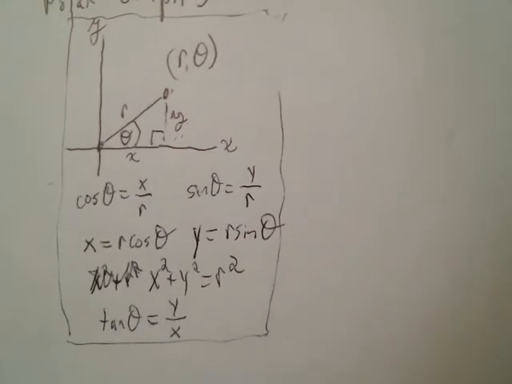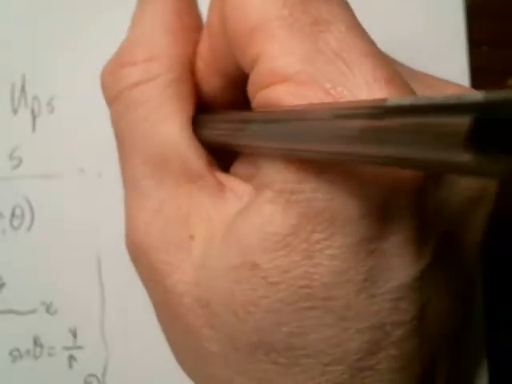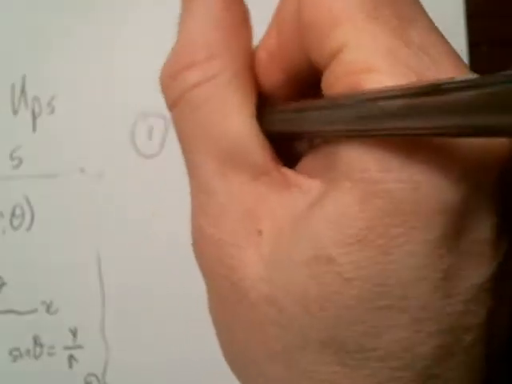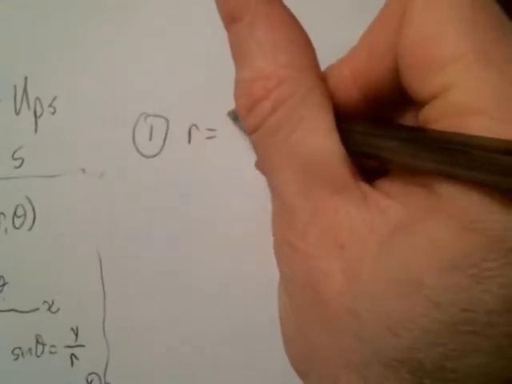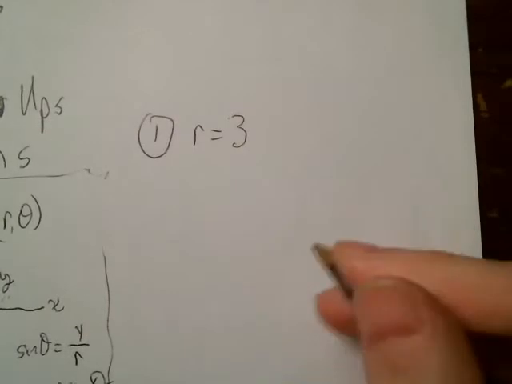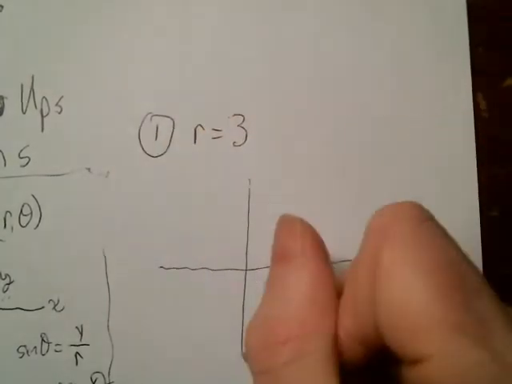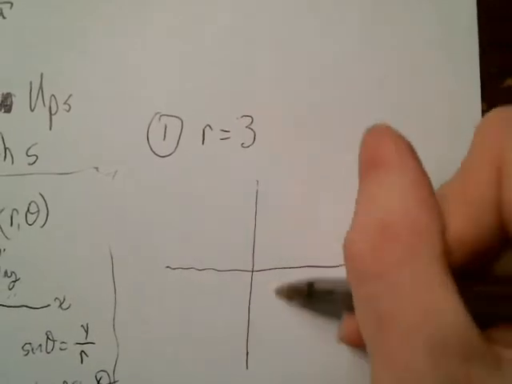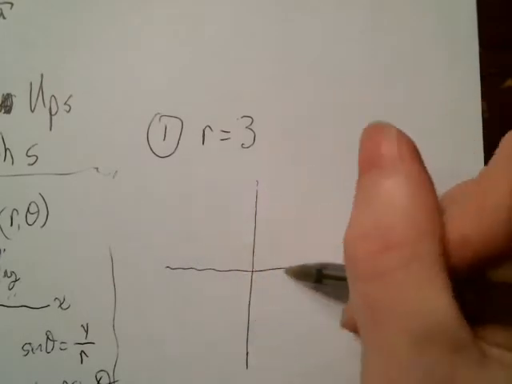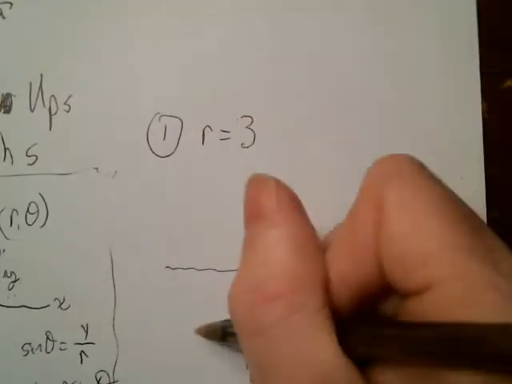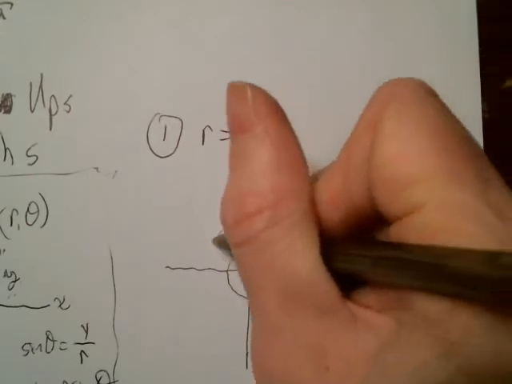Okay, so I need to be able to now graph these things in the xy plane, and the simplest graph is the graph of a circle. So we'll say r equals 3. Okay? So for the polar graphs, you're going to use polar graphing paper, basically. So instead of having a bunch of rectangles drawn out, you're going to have a bunch of circles with lines through them. And it will look a bit like a pizza type deal.